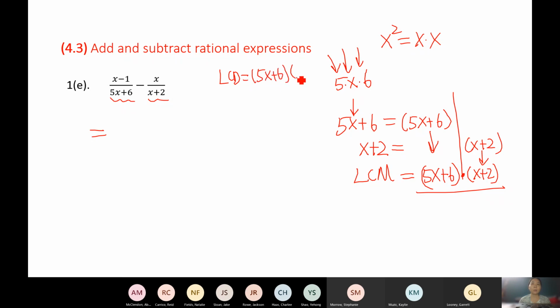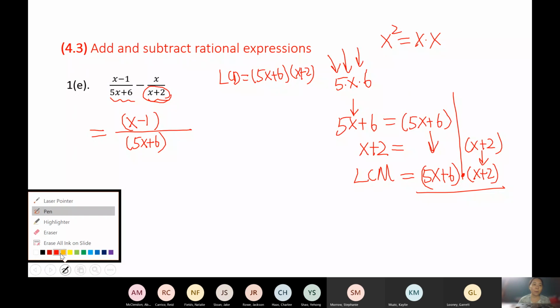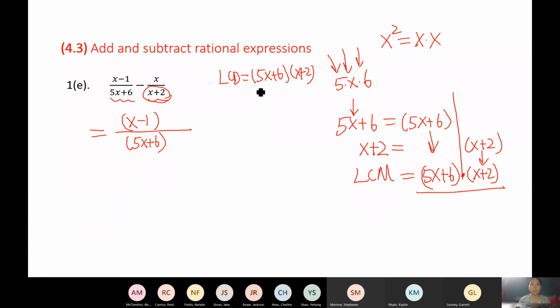Again, don't look at them separately as a 5x and a 6. No, 5x is not a factor, and 6 is not a factor, because of the plus sign here. You have to look at the x plus 2 as a whole factor. So we can multiply what we need. In the first fraction, our denominator already has one of the factors, which is 5x plus 6.